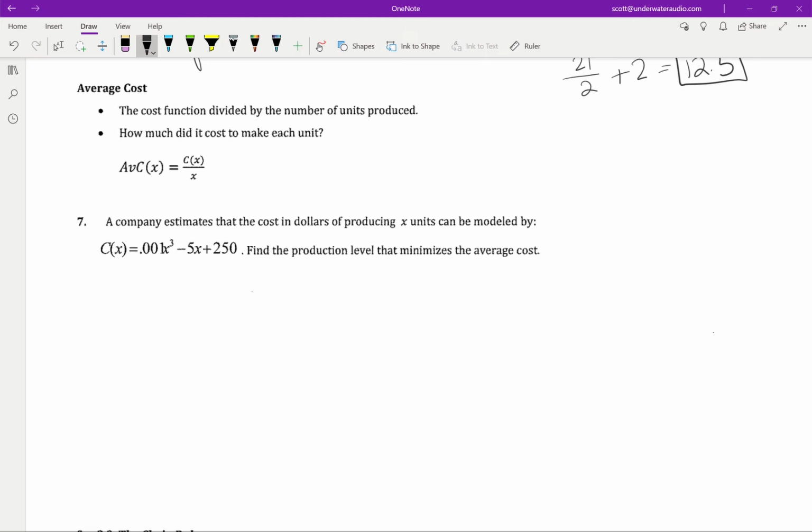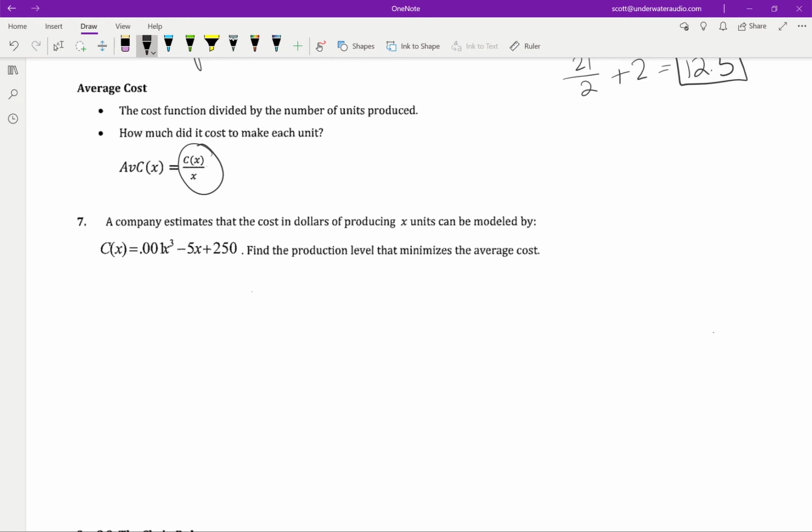So 300 divided by 1,000 tells you the average cost for each cookie. So it looks like average cost is C of x divided by x. If you remember, C of x is the cost to produce x items. So that would make sense, right? The cost to produce x items divided by the number of items gives you the average cost per item.